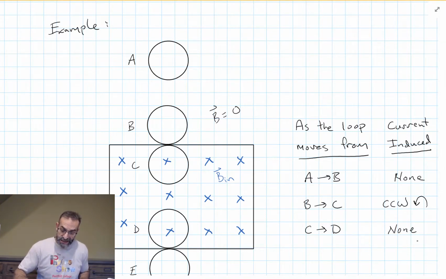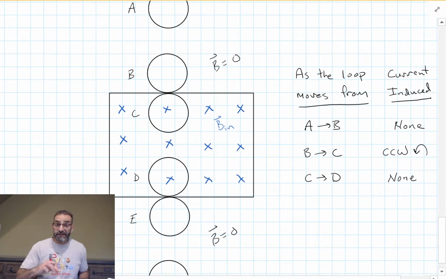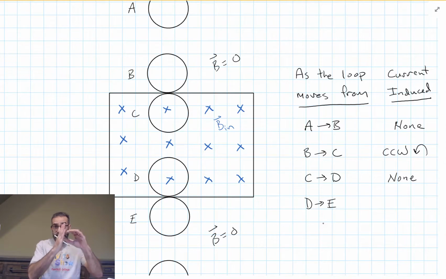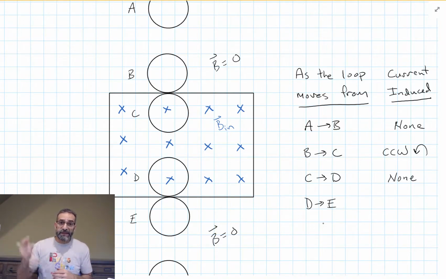Now it's moving from D to E. It's inside the region with magnetic field, but it's leaving. So as the tip of the wire loop starts to exit the field, the magnetic flux starts to go down. And as that wire loop moves out of the region of magnetic field, the flux continues to go down.